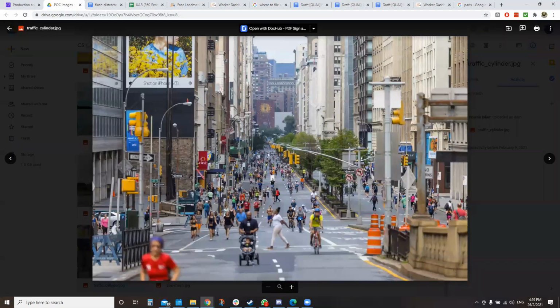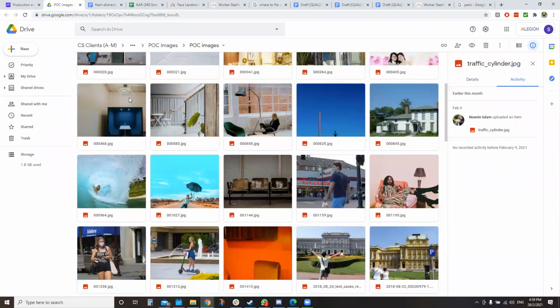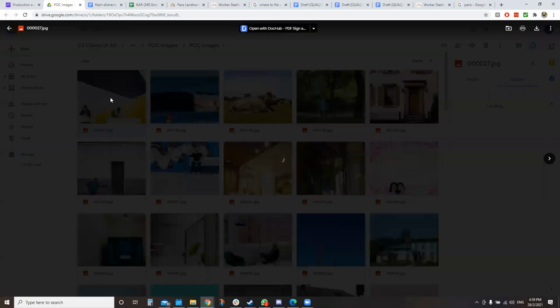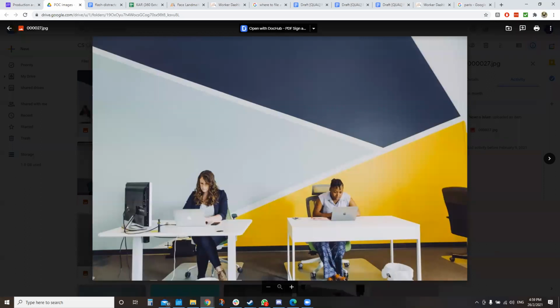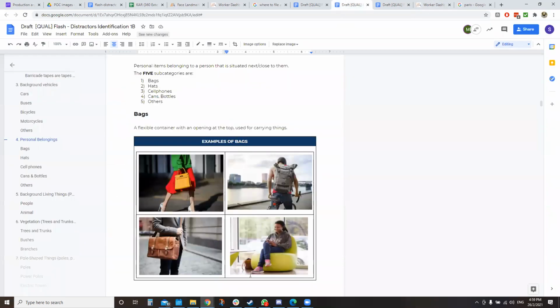Remember this picture here. This bag becomes a distractor because it's bothering the aesthetic of the person. This person here, this bag is a distractor because it's actually on the side. These pictures don't necessarily tell you that this bag is a distractor. It is just showing you what a bag is. No, it's not. I hope you understand.